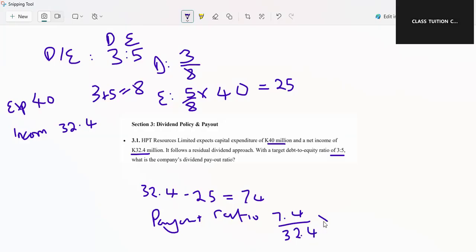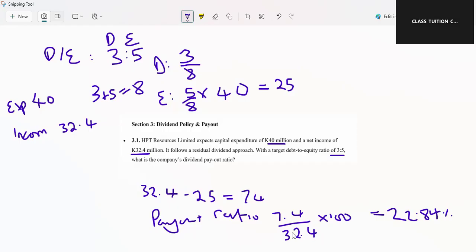What do we get? 22.84%. So this is what we call our payout ratio.